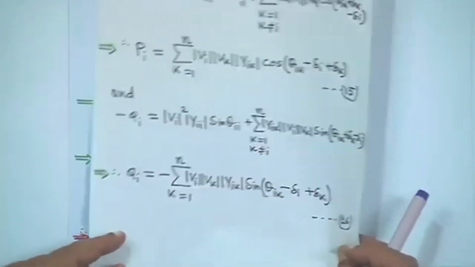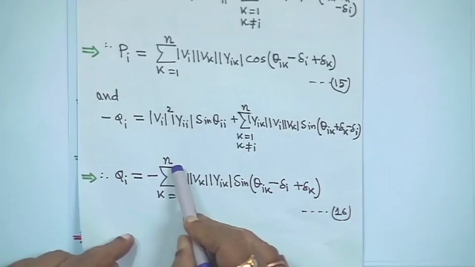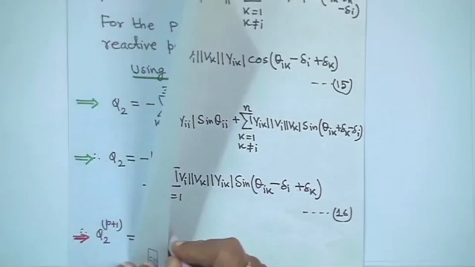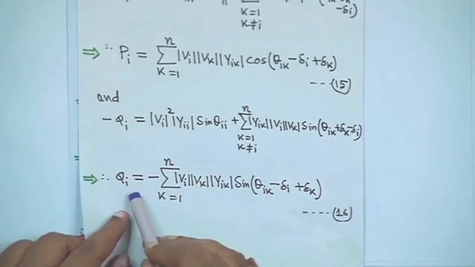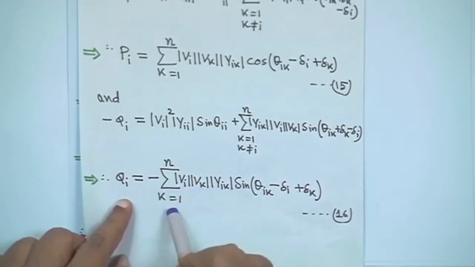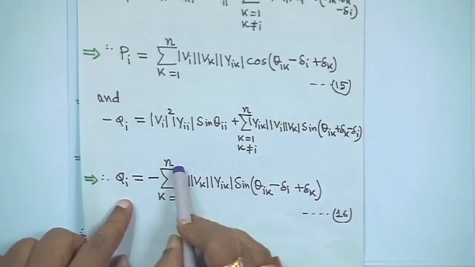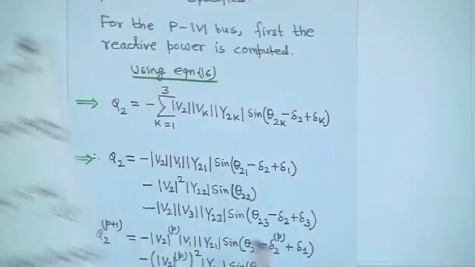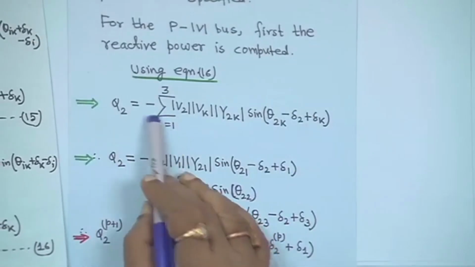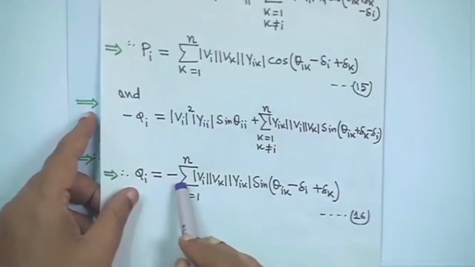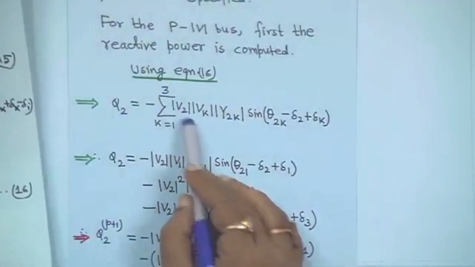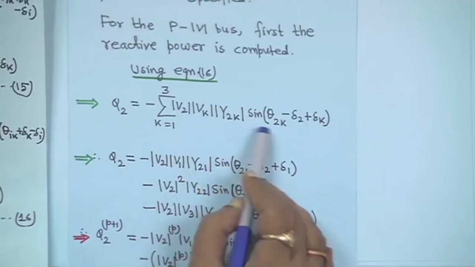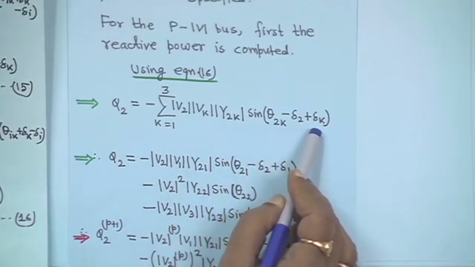From this equation with n equal to 3, you expand for i equal to 2, because bus 2 is a PV bus, with k equal to 1 to n, since n is 3 for a 3 bus problem. If you put i equal to 2, with a minus sign, then it is the sum over k equal to 1 to 3 of magnitude V2 magnitude Vk magnitude Y2k sin(theta 2k minus delta 2 plus delta k).